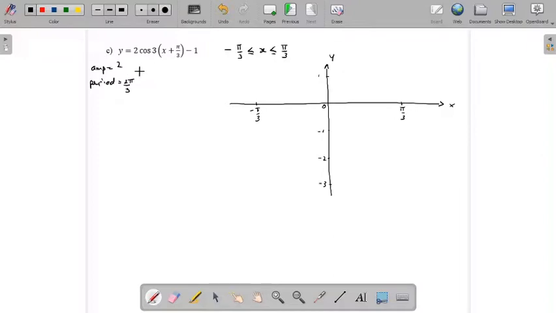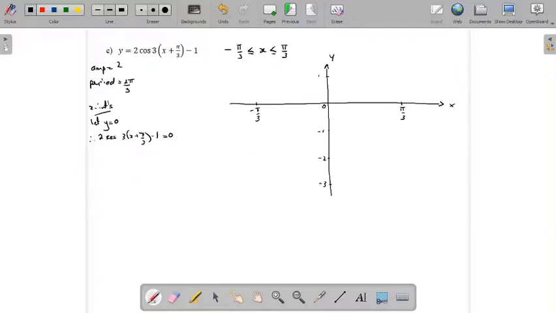All right, now let's work out whereabouts our intercepts will be. Our x-intercepts, letting y equal 0. So that means we have 2 cos(3x plus pi over 3) minus 1 equals 0.